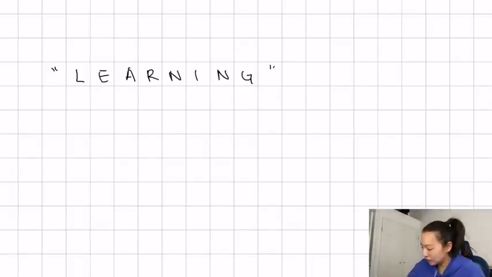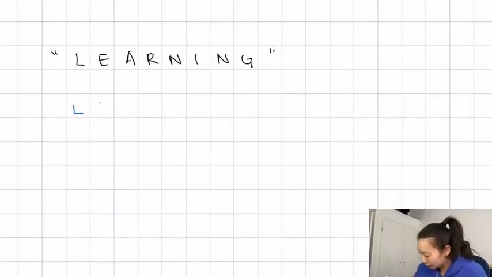Right. Just to clarify, what Keith means here by substring is that, for example, if I have a string such as learning, what are substrings of this? One possible substring is learn.